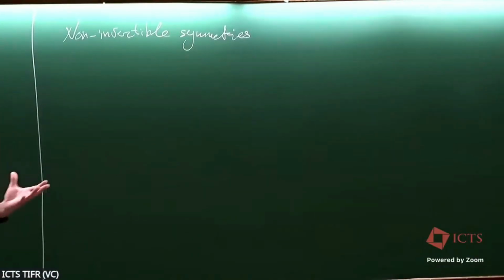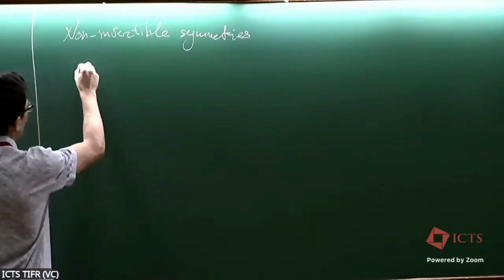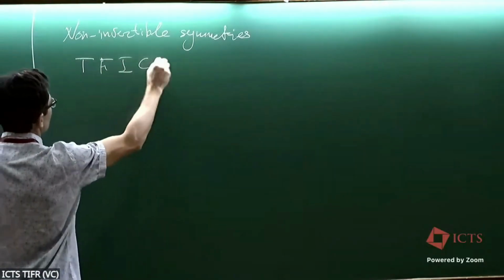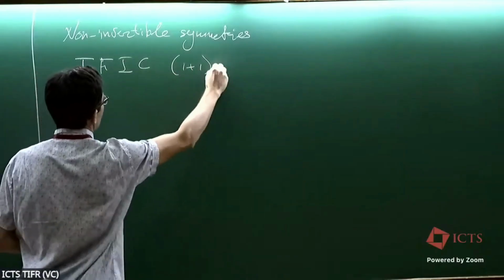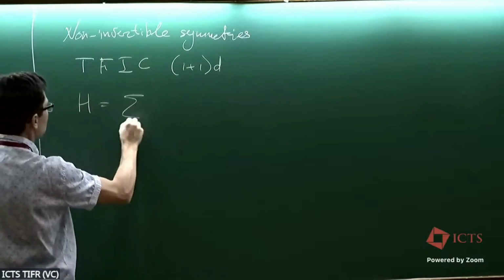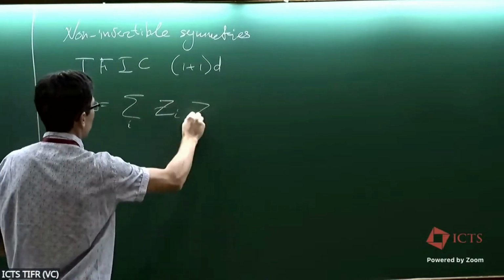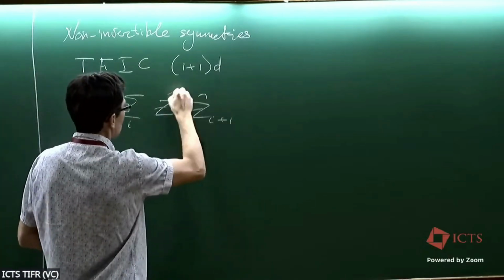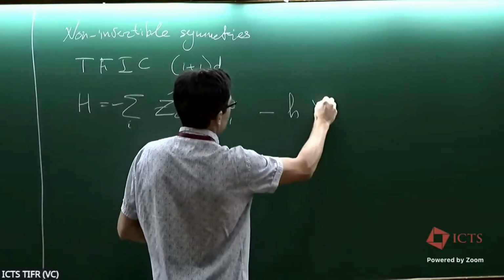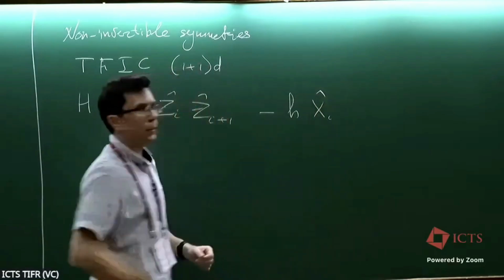The simplest example we know is if you consider the transverse field Ising chain, so this is 1+1 dimensions, and the Hamiltonian could be taken to be, for instance, of this form, where you have a product of the Z operators, and I apply an external magnetic field in the transverse direction.